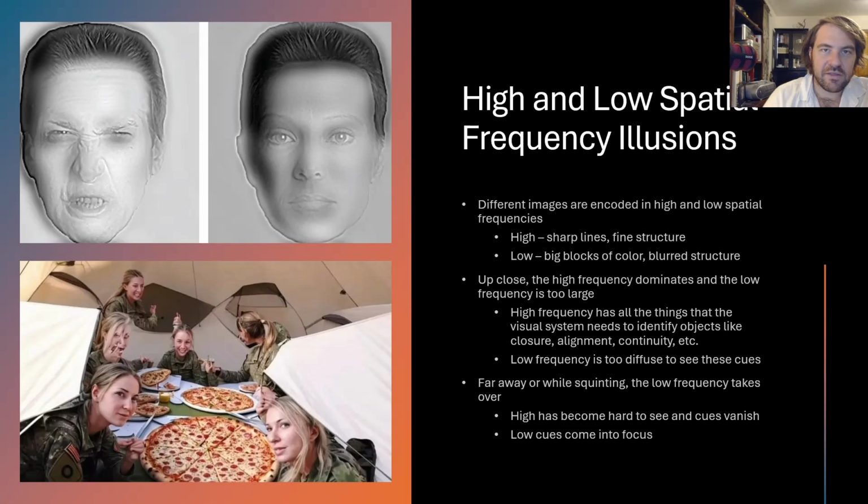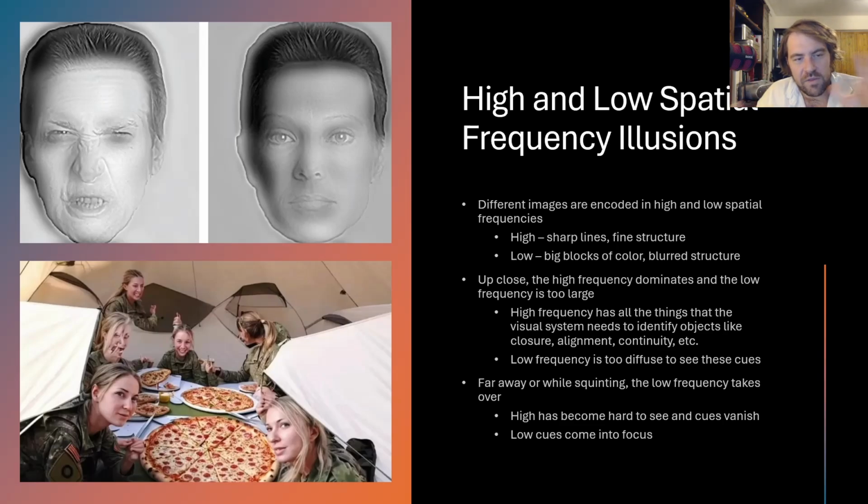The slant on the eyes is really obvious, like this angry furrowing of the brow. That's really sharp lines. Same thing, the pizza, the individual hair strands on these ladies down below, their patches on their uniforms, really sharp lines, really fine detail, fine structure.